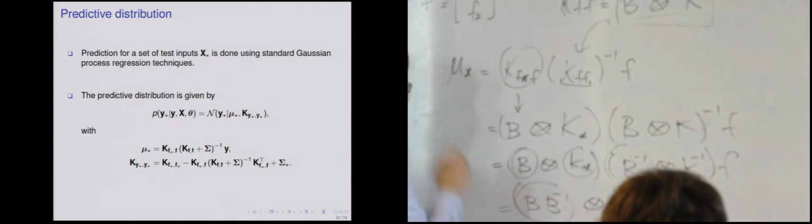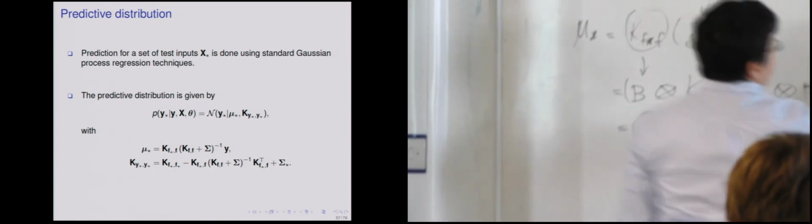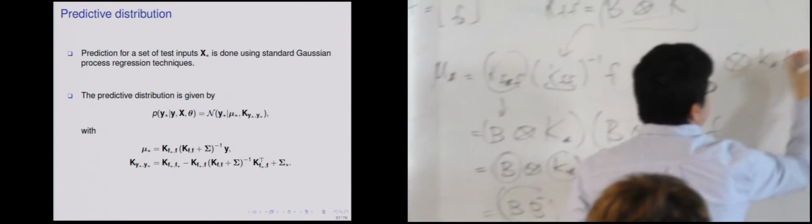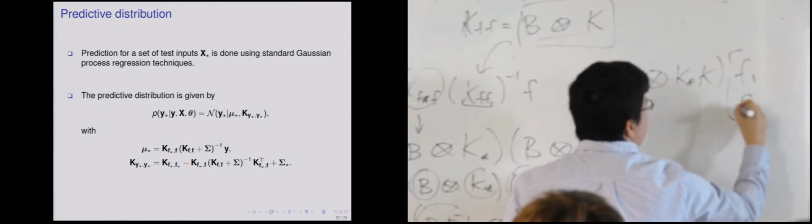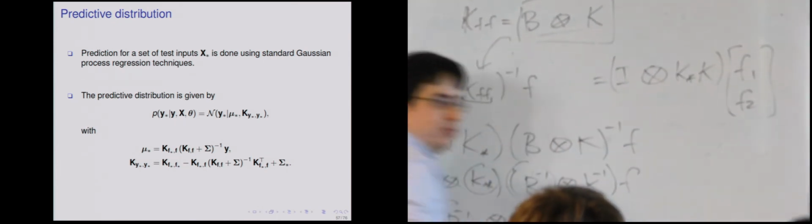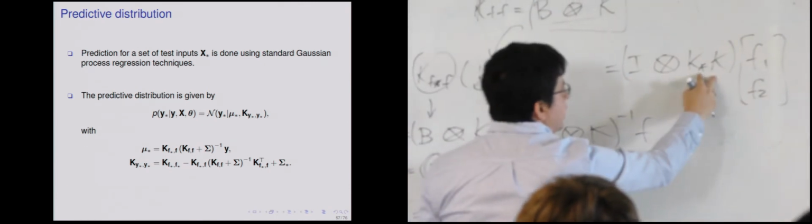So we get the identity Kronecker product with K star K_ff inverse times f, which is a vector of f1 and f2. How is the Kronecker product between I and this term?